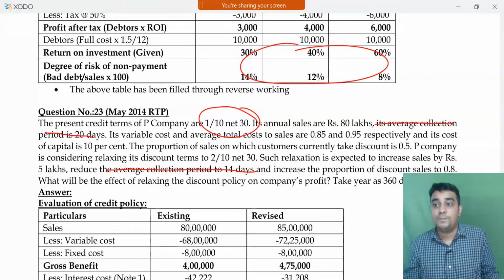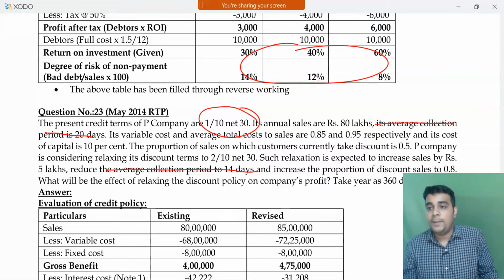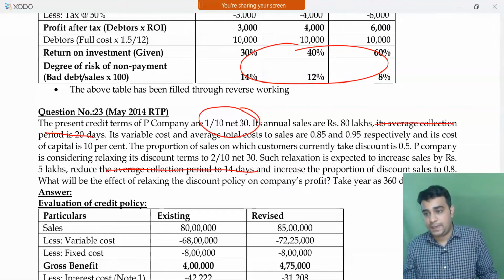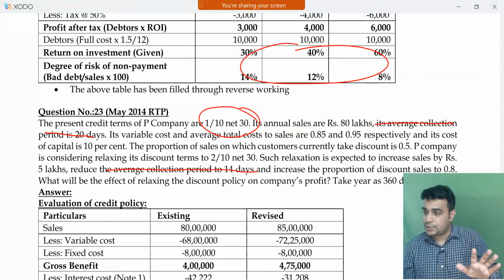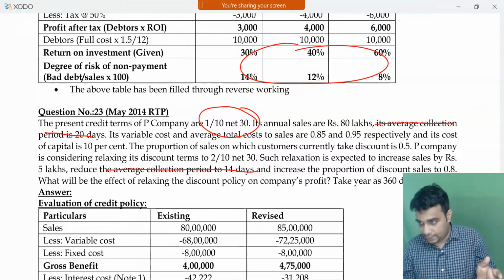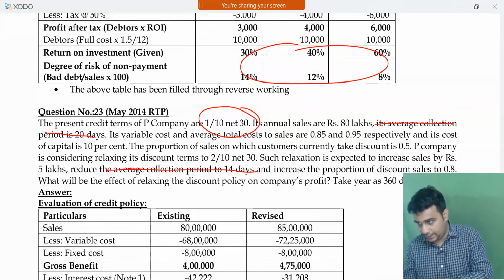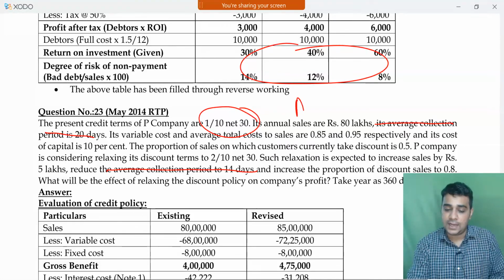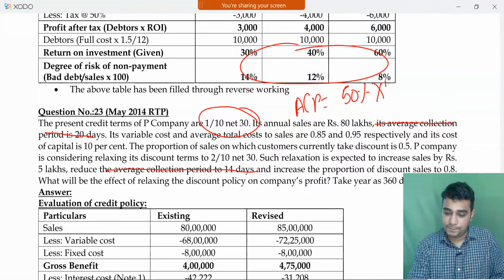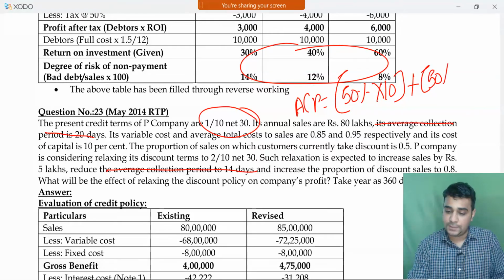This data could be missing in the question, but they will tell you what percentage of people are taking discount and what percentage are not. In that question, originally 50% were taking discount, 50% were not. If the collection period is not given, average collection period equals people taking discount 50% into 10 days, plus people not taking discount 50% into 30 days.